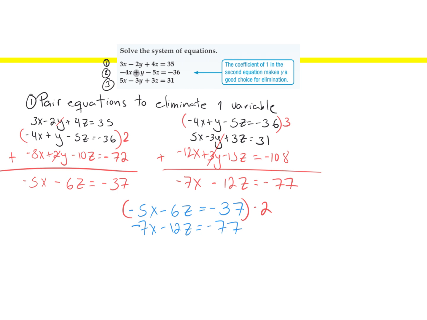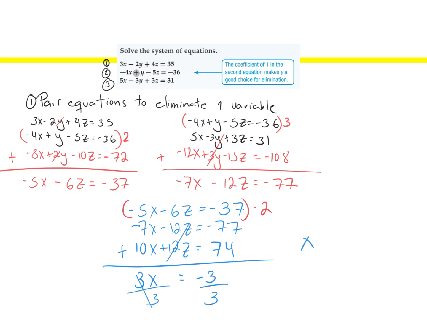So that's going to give me positive 10x plus 12z equals positive 37 times 2 is 74. So I'm able to add. When I do this, I get 3x. The z's cancel out, and we get 77 minus 74 to give me negative 3. I'll divide by 3, and we get that x is equal to negative 1.